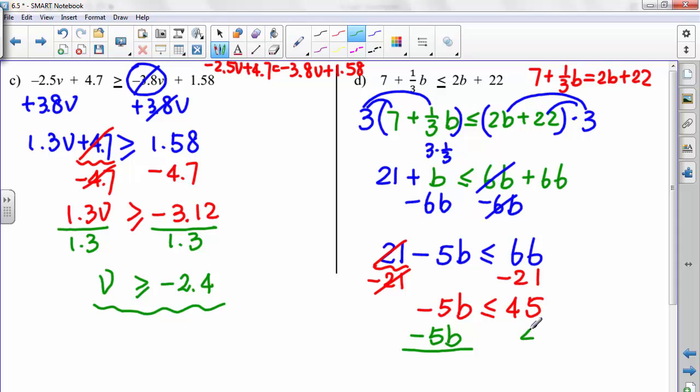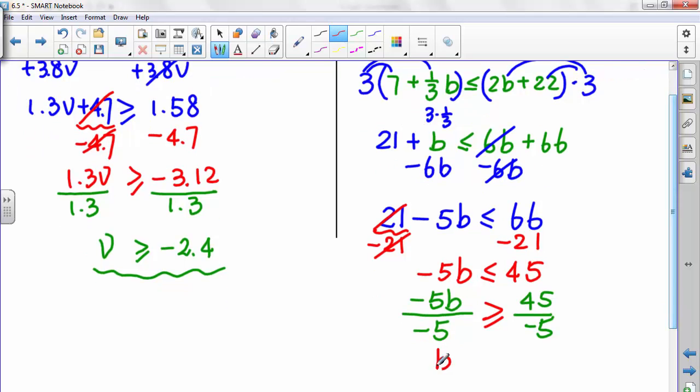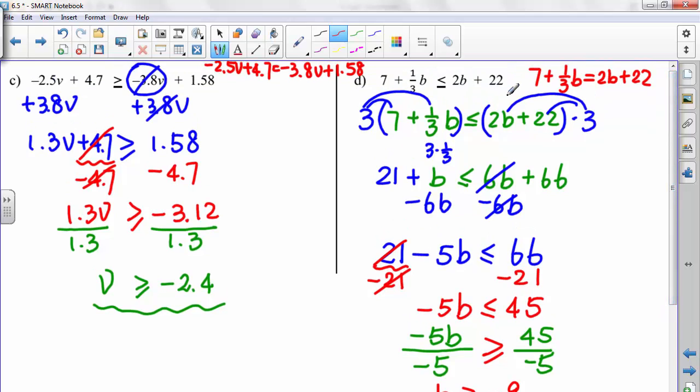When you divide both sides by a negative number, you reverse the direction of the inequality sign. So I will get positive 1b is greater than or equal to negative 9. So this is the final solution for the original inequality.